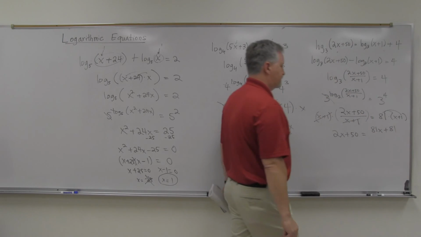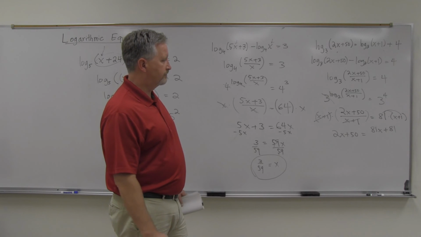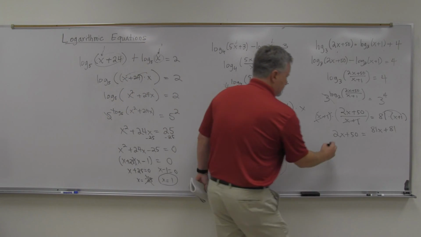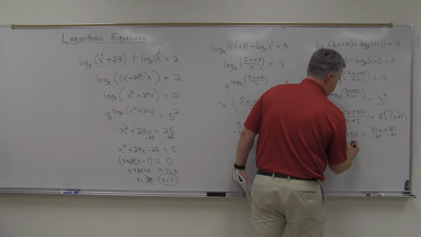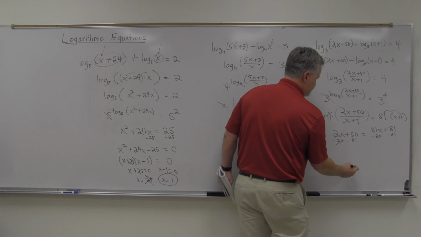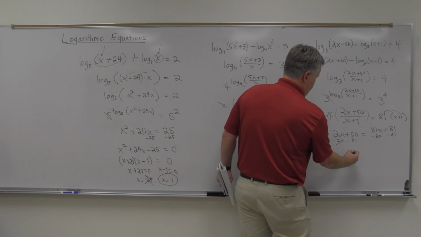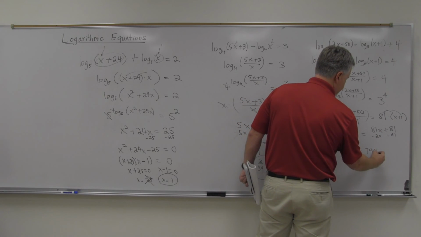Not 81x plus 1, it's 81x plus 81, because it's times both of those. Similar, so let's go ahead and subtract 2x and subtract 81, x's on one side, constants on the other. That's negative 31 equals 79x.